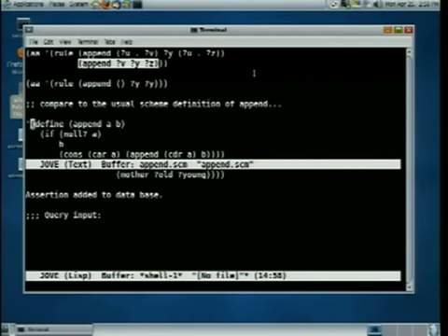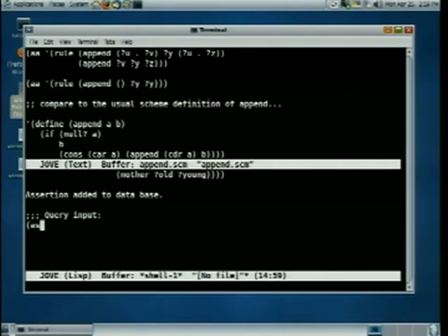It says, I want to assert, or in order for this thing to be true, in order for this rule to match the original query, it has to be the case that appending cdr of A to B gives cdr of the result. Okay? And it's a little bit of a convoluted way to think if you're not accustomed to it. But it gives us some remarkable results.